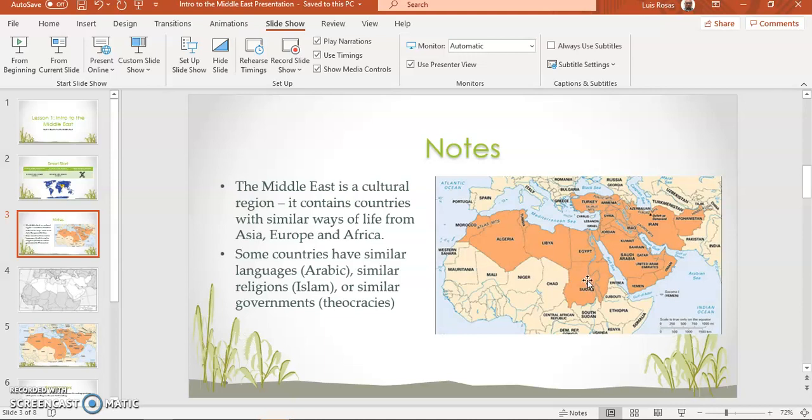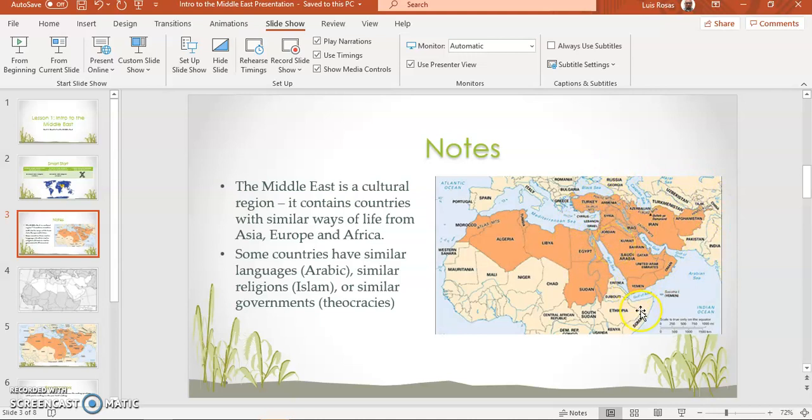Now, because it's a cultural region, you will find that different places will call the Middle East different things. So, for example, some places will not consider this northern Africa part of the Middle East. They may just consider this part the Middle East, or they may consider all of this the Middle East, or just this the Middle East.